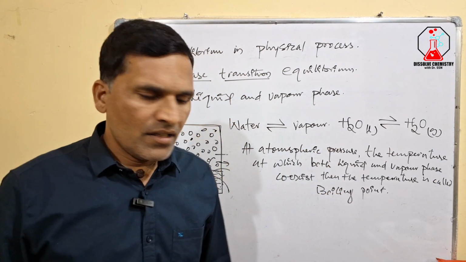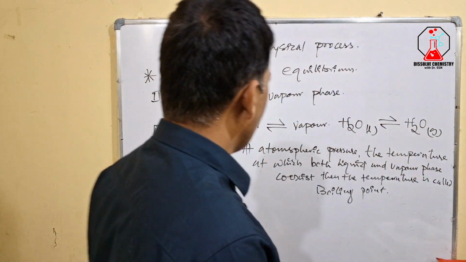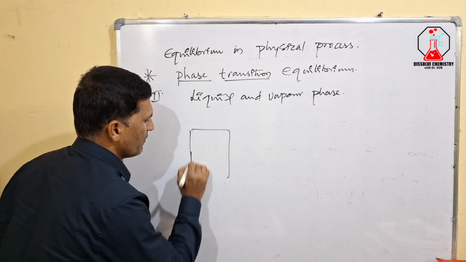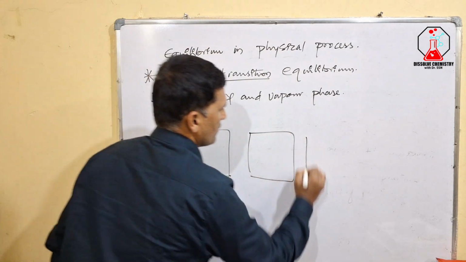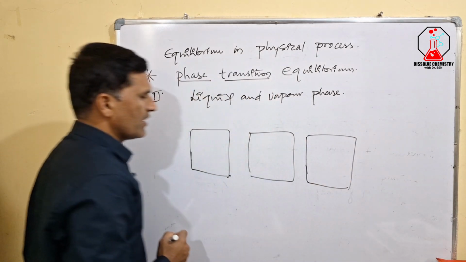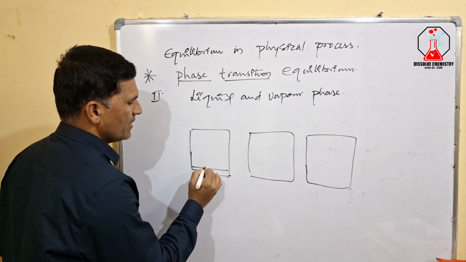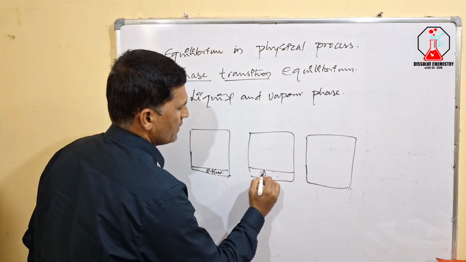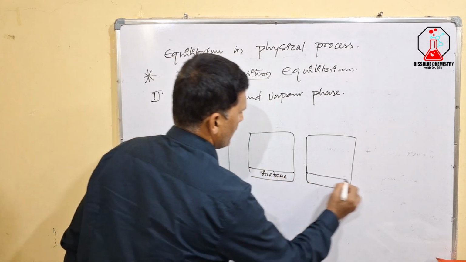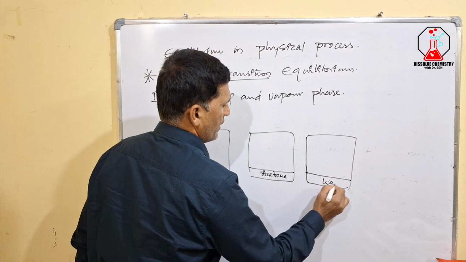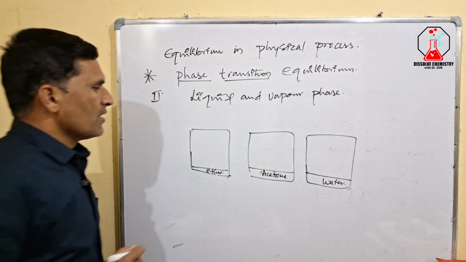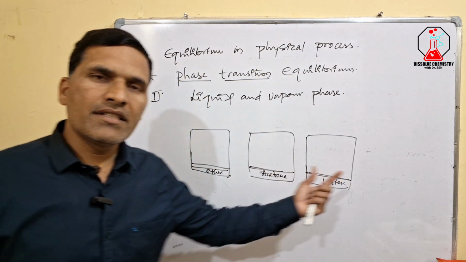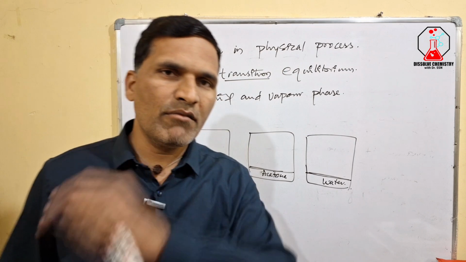Another thing is, suppose you take different liquids. For example, let us consider that we take three flasks of equal volume, and in one we take ether, in another we take acetone, and in another flask we take water. Same quantity of all three are taken in three different flasks and all are maintained at the same temperature.